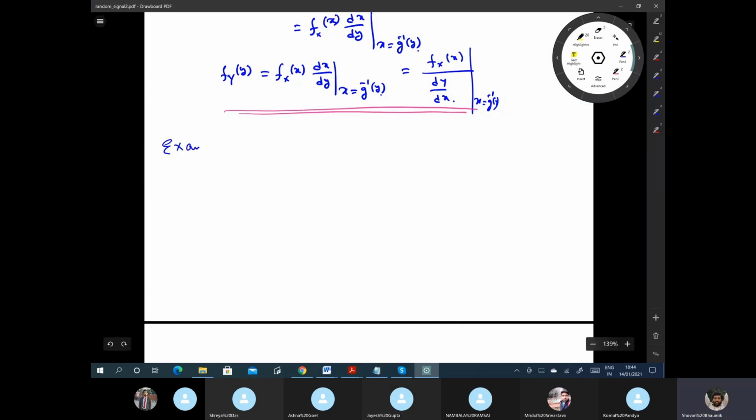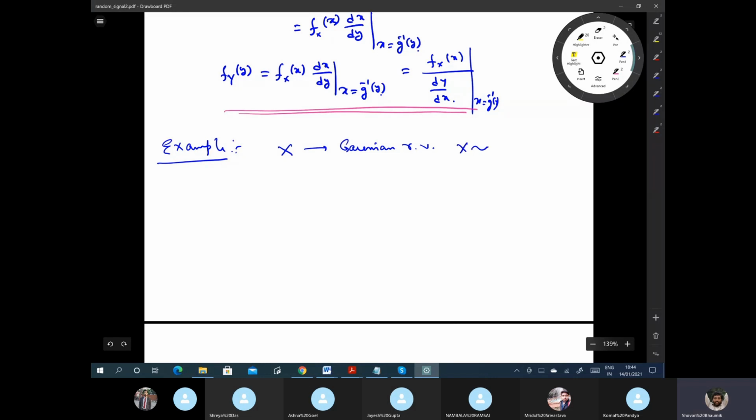So example, let's say our x is a Gaussian random variable with mean mu.